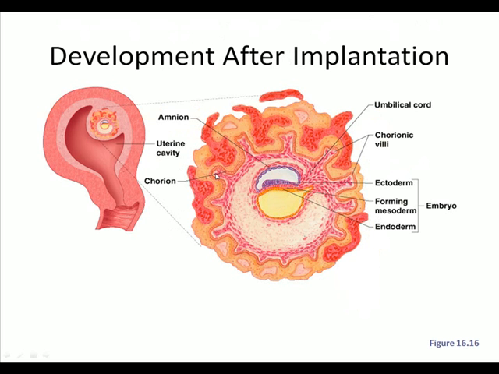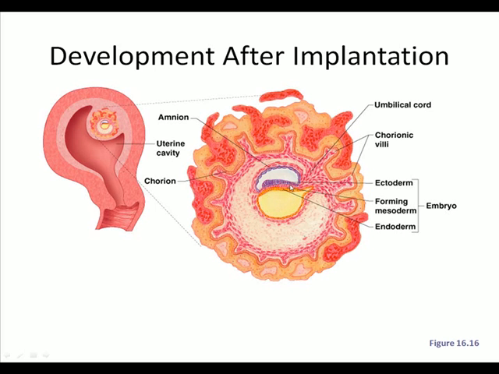The outer cells of that blastocyst now are digging their way into the uterus and providing nutrients by digesting parts of the uterine wall to help provide the nutrients needed by the forming embryo.